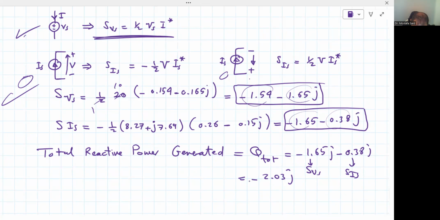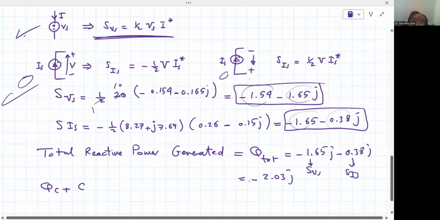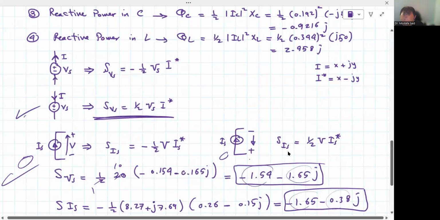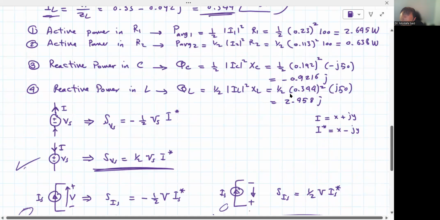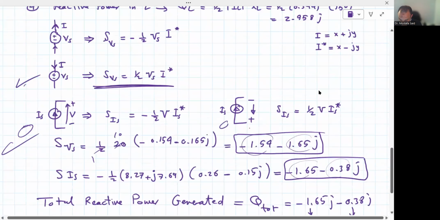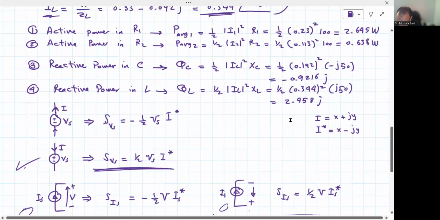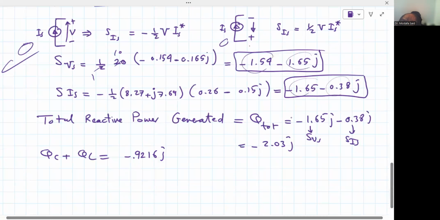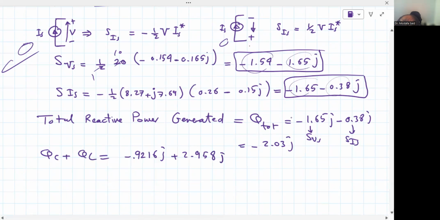Now, if we add QC and QL, it should give us the same number. QC plus QL: QC is minus 9216.9216j, QL is positive, 2.958. Let's add them together.